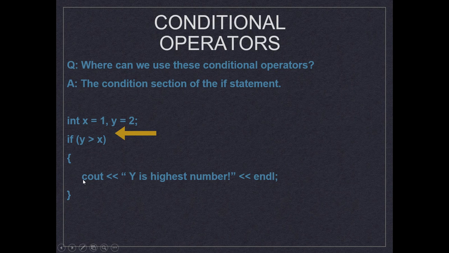And so we would see this cout statement here, y is the highest number, because this is true and this would run as a condition. If this were false, it would simply evaluate it, decide it's false, then skip all of the conditional code, and then start right after the closing brace here, anything that's next in line. And that's how that would flow.